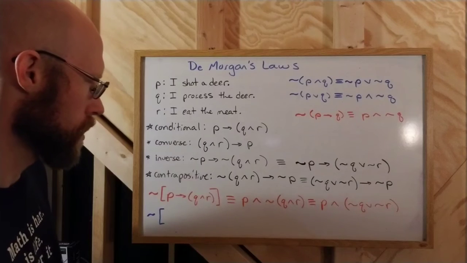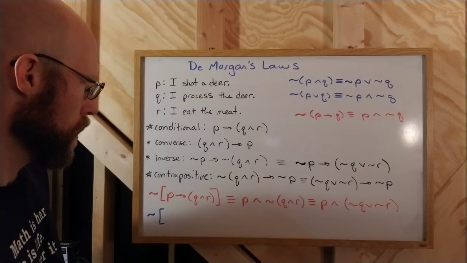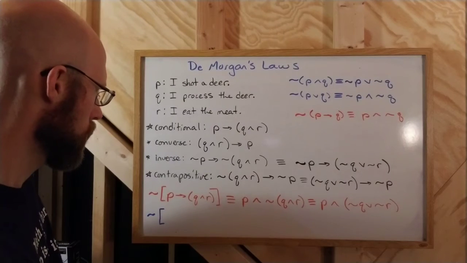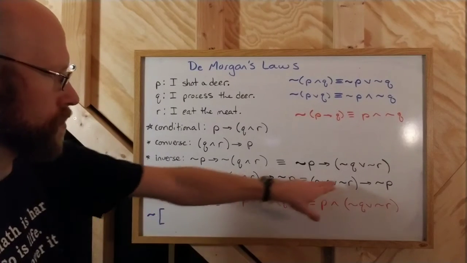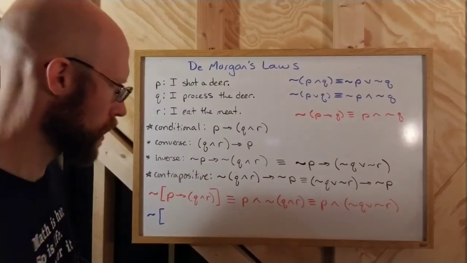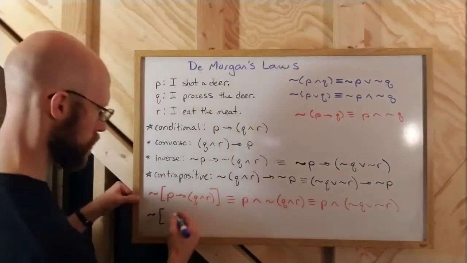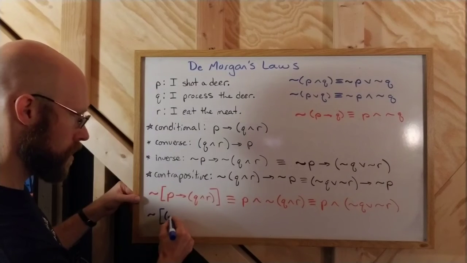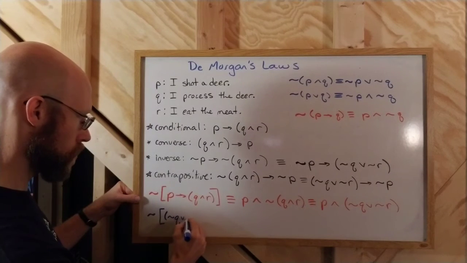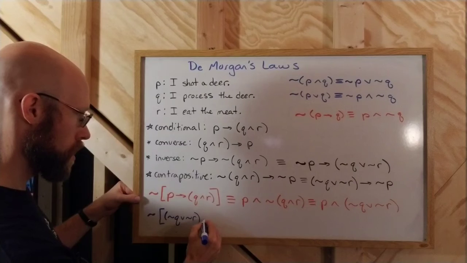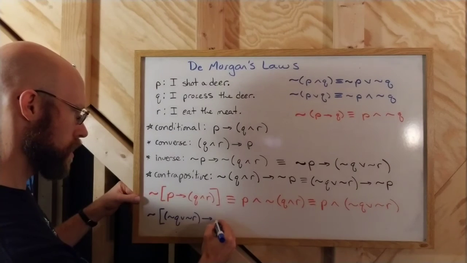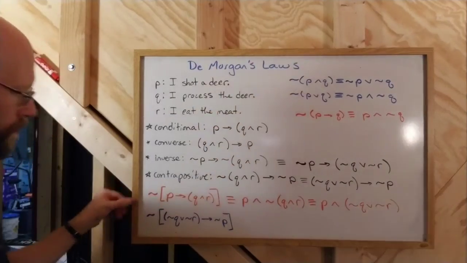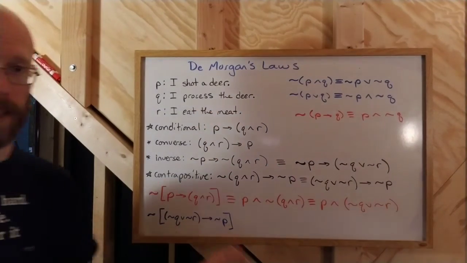That's the question. Well, let's use this form here where the negations are inside the parentheses. So let's go with the negate of: if not Q or not R, then not P.